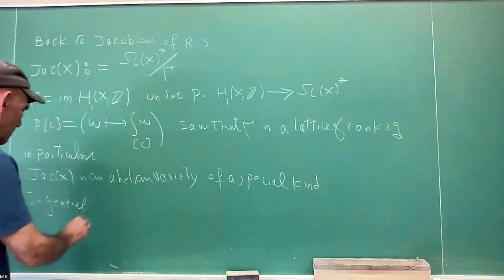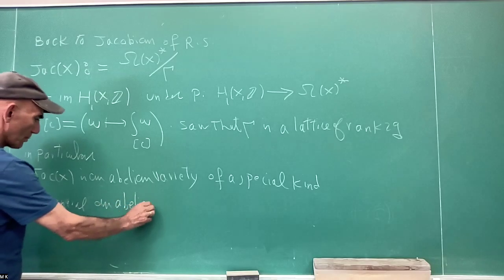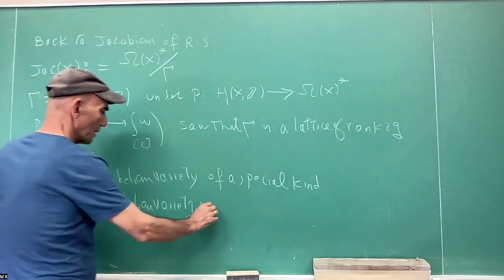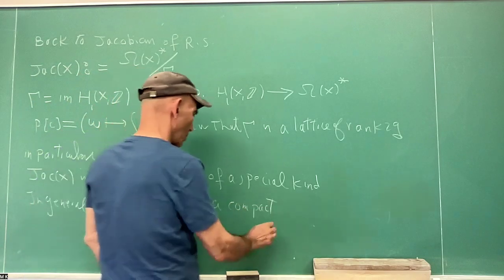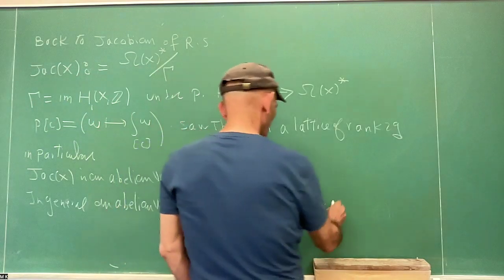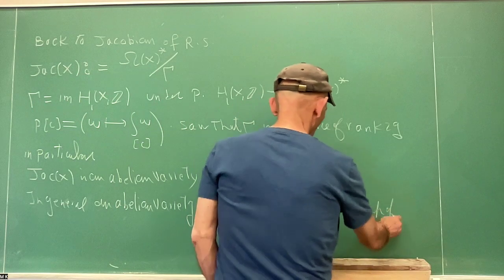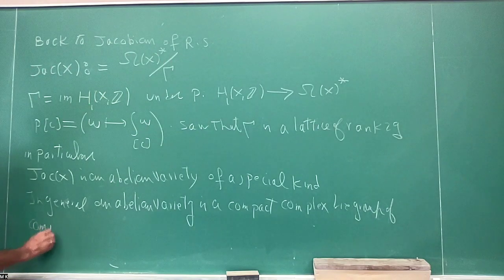In general, an abelian variety is a compact complex Lie group of complex dimension g.